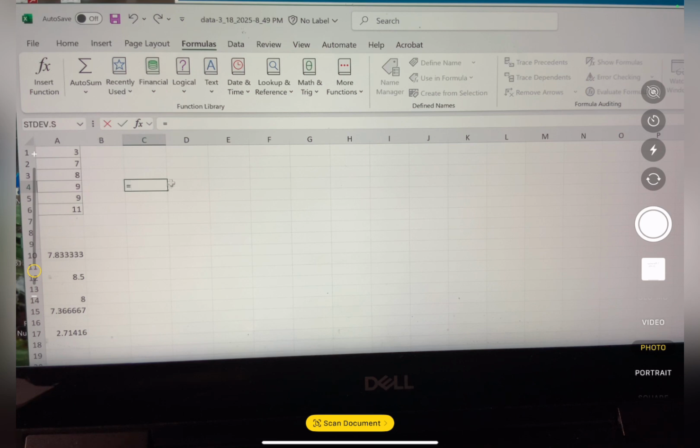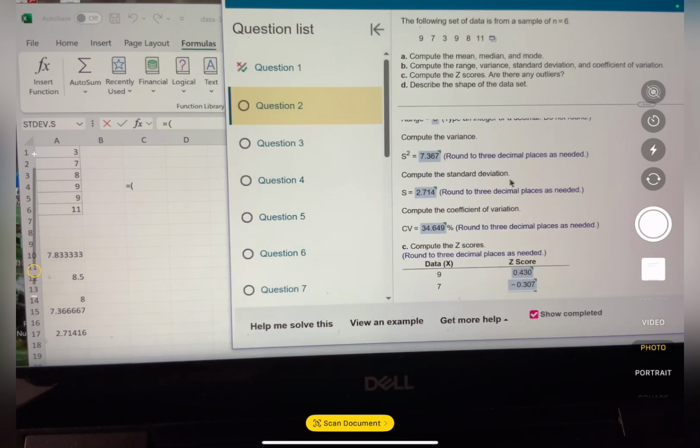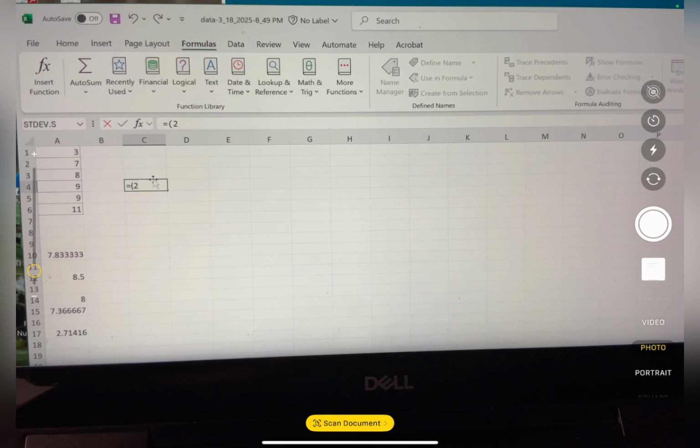Equal, put parentheses. So we need standard deviation. How much was our standard deviation? Here it is, 2.714. Okay, I can do this way, 2.714 minus average. Our average is this one. Closing parentheses.